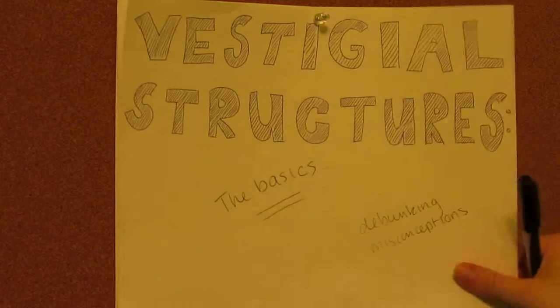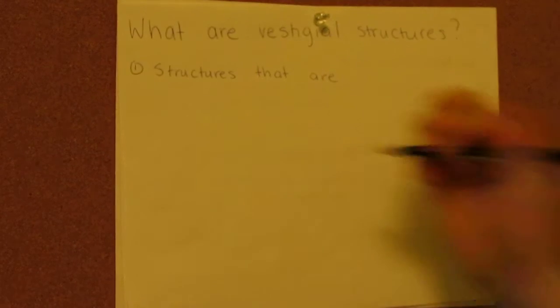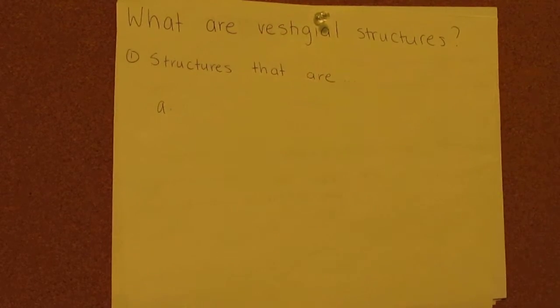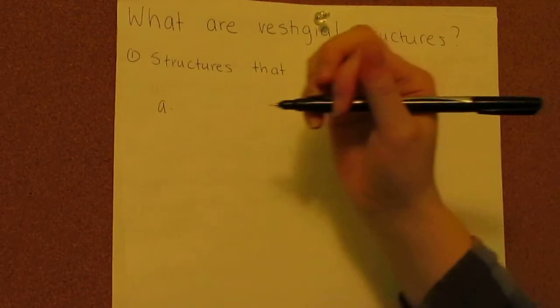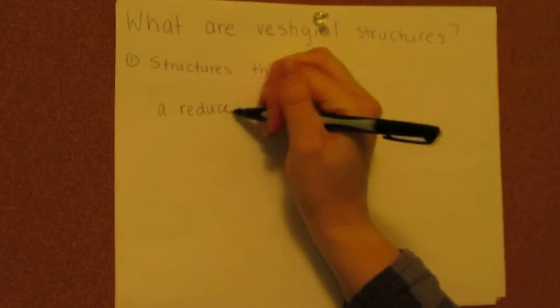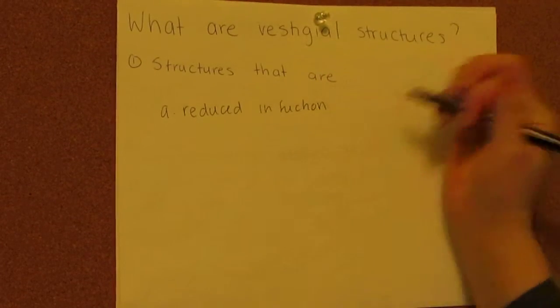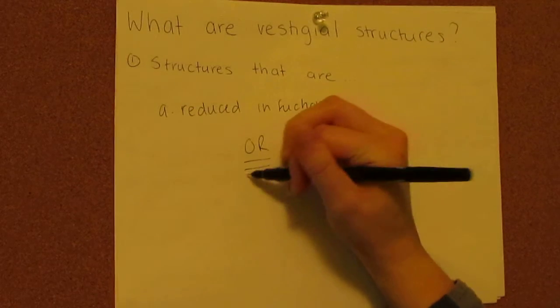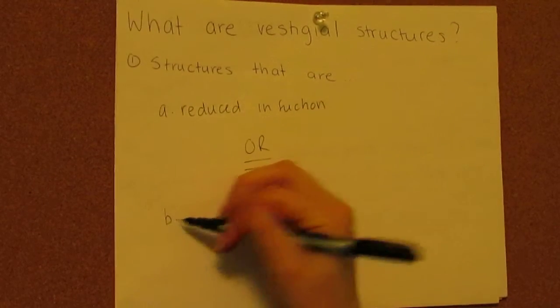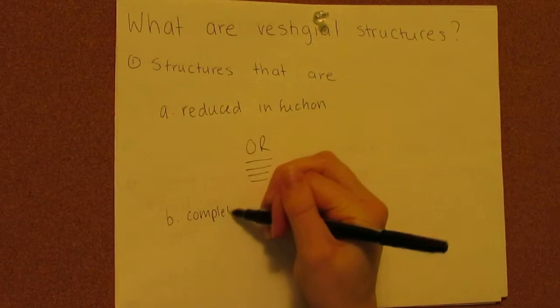Okay, so exactly what are vestigial structures? Vestigial structures are structures that are reduced in function, or, and the or is important, structures that are completely functionless.